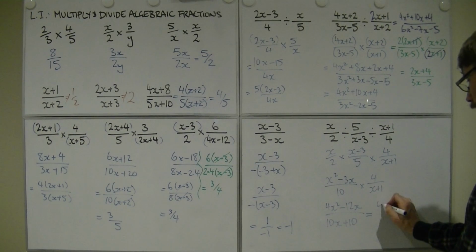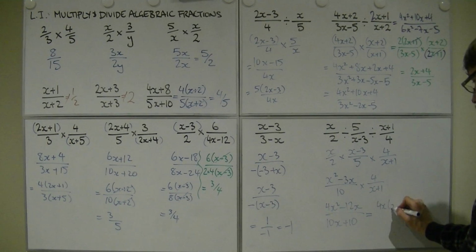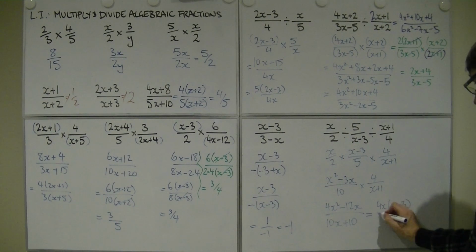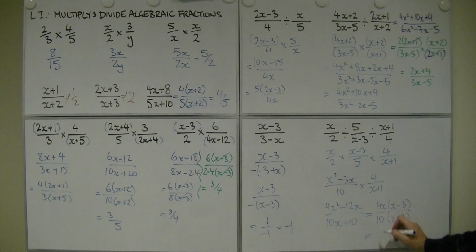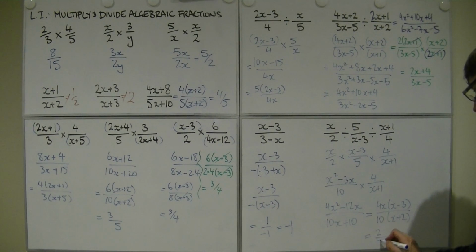I could take out a 4x and then have x minus 3. And then on the bottom, oh, I could take out a 10 and have an x plus 2. Oh, 4 and 10 gives me 2 and 5. Nothing else cancels. Done. So that's as neat as that one's going to get.